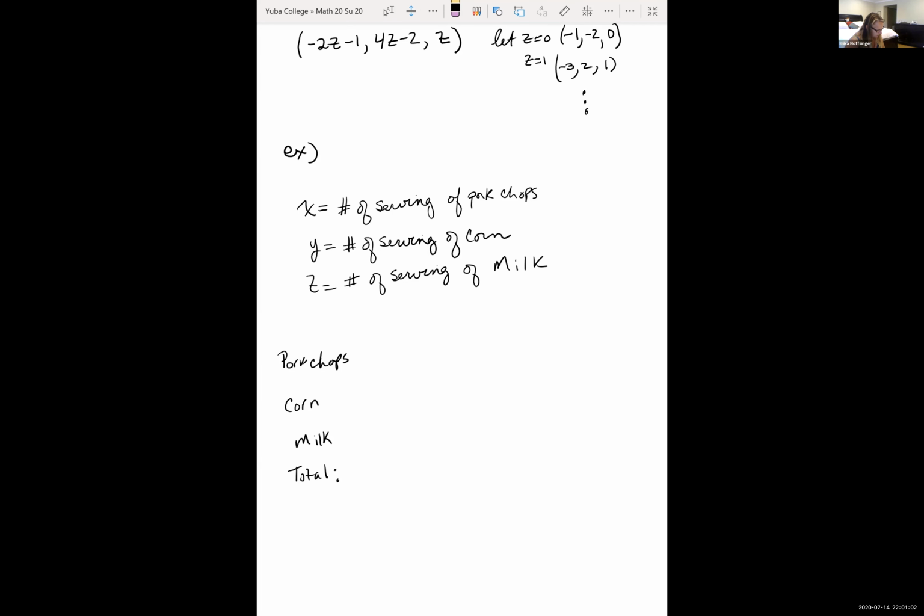We have totals that we need of protein, carbohydrates, carbs, and calcium.